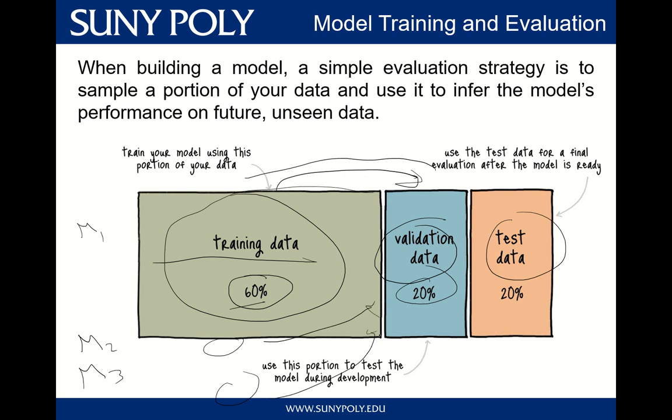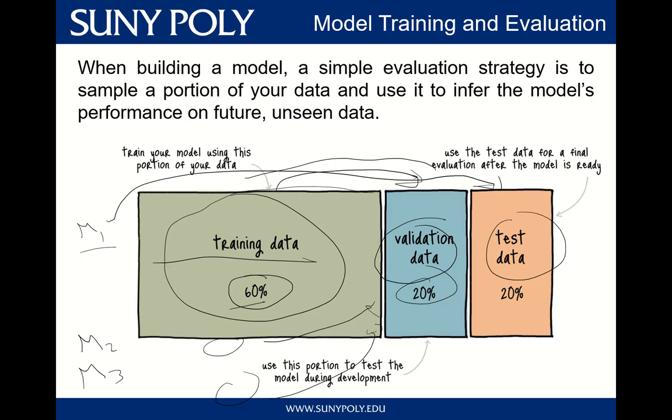You get the performance and you can pick which one is the best, among the 3 algorithms, which one has the highest performance. And once you have picked one of these 3 models, then you can evaluate the performance of the model using test data, using new data.